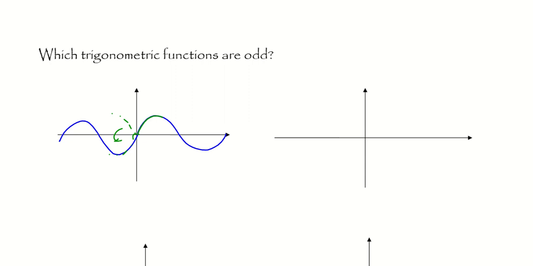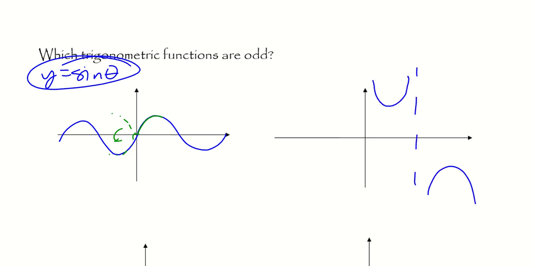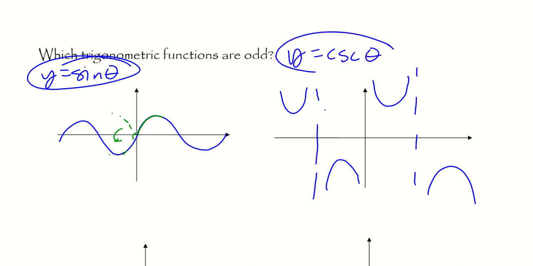So this is the graph of y equals the sine of theta, or sine of x, and it is an odd function. Likewise, its reciprocal, which would look like this, that's y equals the cosecant of theta. Also, you can see the reflection from the upper right-hand corner to the lower left, so that flips over the x and then over the y. That cosecant function is an odd function.